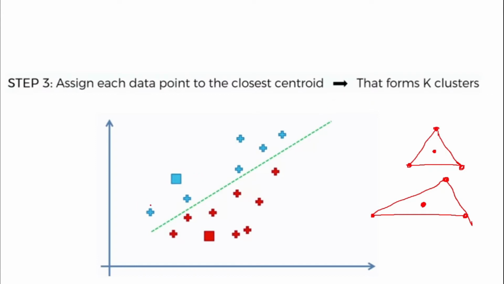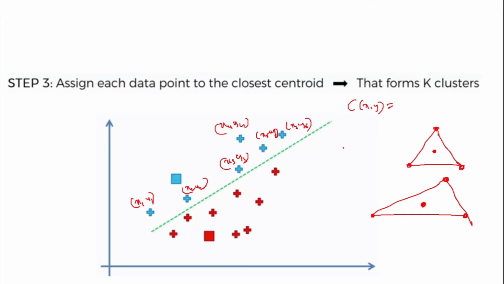For example, this is x1 y1, this is x2 y2, this is x3 y3, this is x4 y4, this is x5 y5, this is x6 y6. The centroid also has x and y, correct?